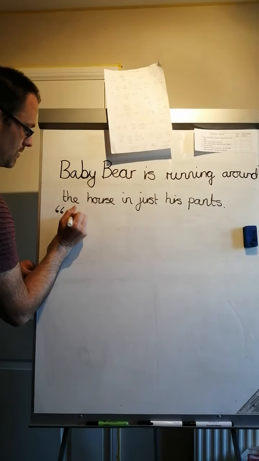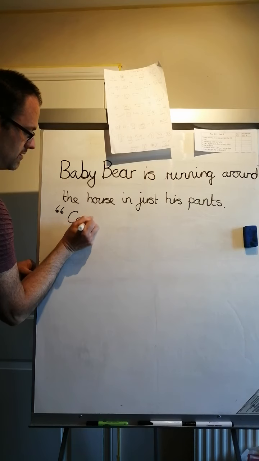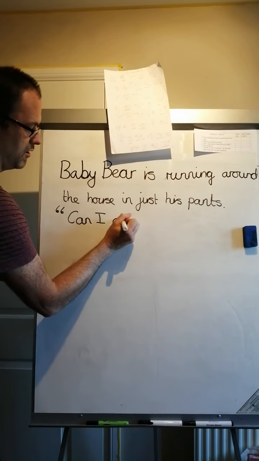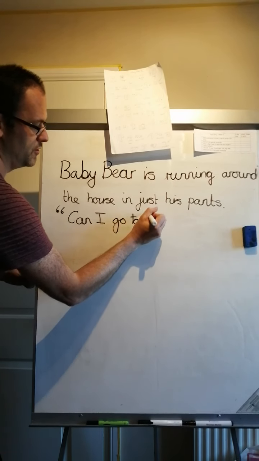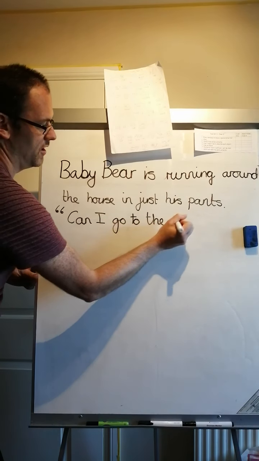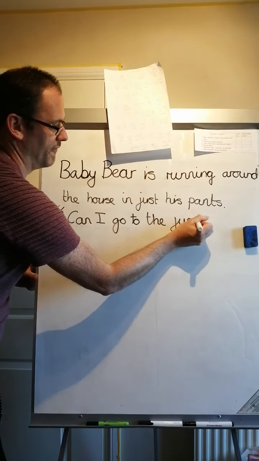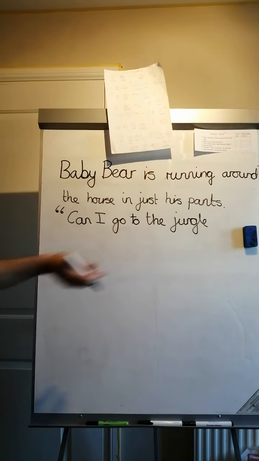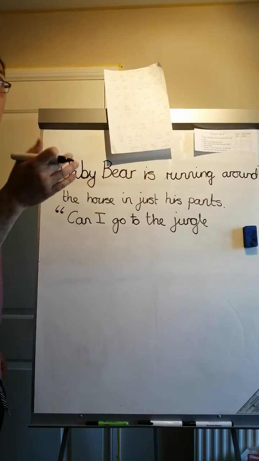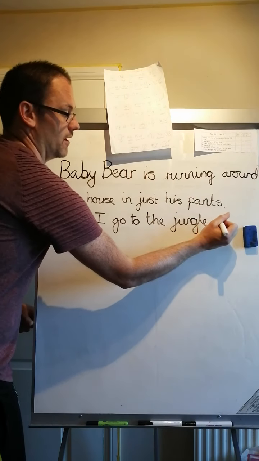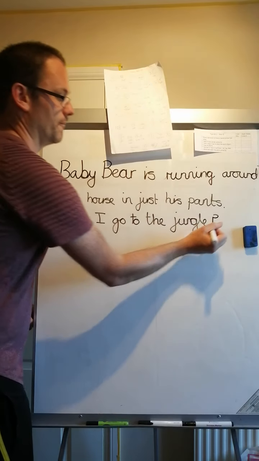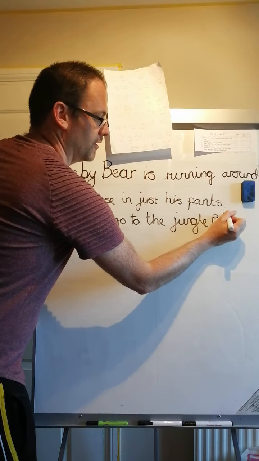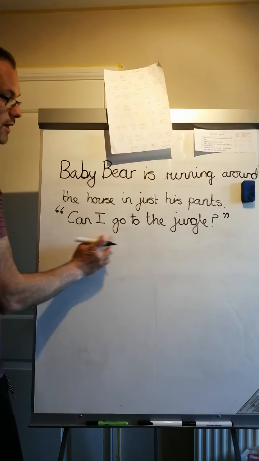So, can I go to the jungle? Now, he's asked a question, so instead of putting a full stop here, I need to put what? That's right, I need to put a question mark. Okay, let's move that out of the way. And then I put my 99. So, can I go to the jungle?